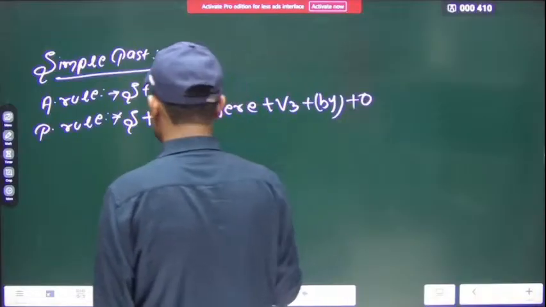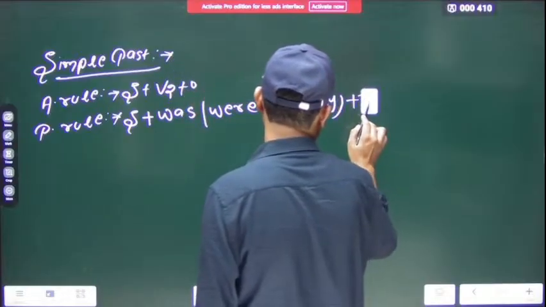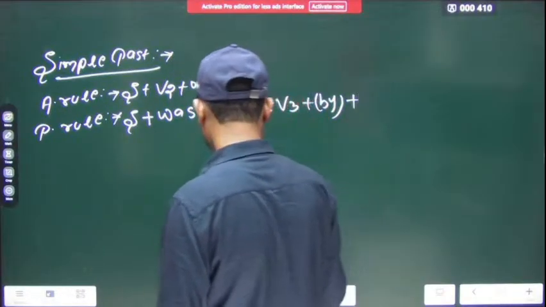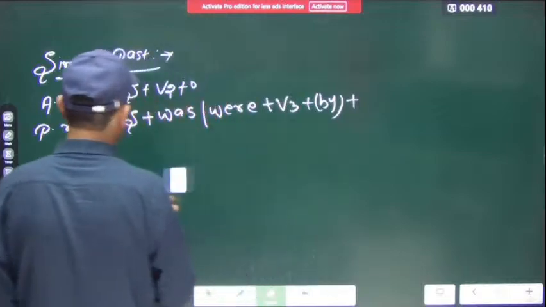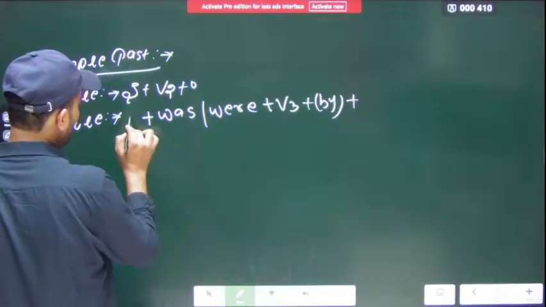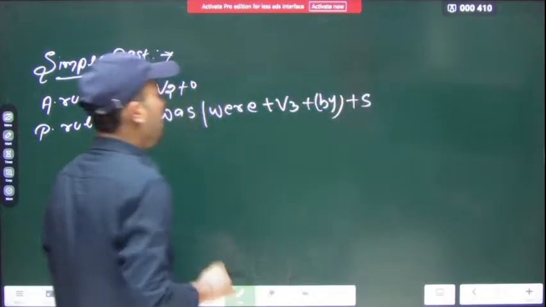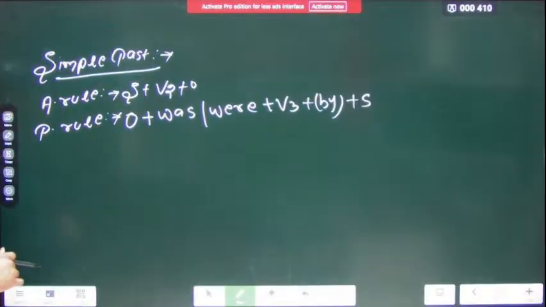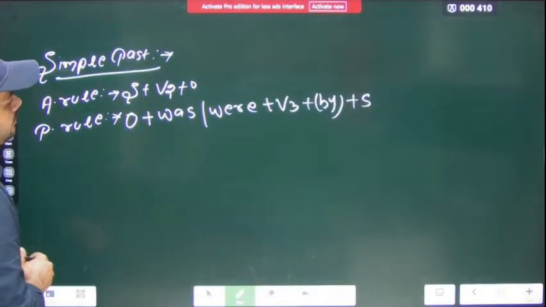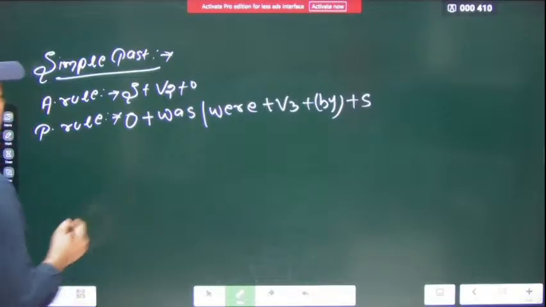Okay, passive we are making, no. If we are making passive, then we will write object in beginning and subject in last. Okay, this is the rule of passive: object plus was/were plus verb 3 plus by in the bracket and lastly subject. Okay, now see the example here.